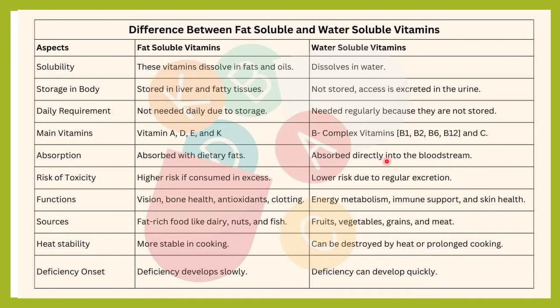They help in our RBC health and also our energy metabolism, immune support, skin health, etc. These water soluble vitamins are not that stable, so they can be destroyed when we heat them, or prolonged cooking can destroy them. And because excess is not stored in the body, the deficiency of these water soluble vitamins can develop very quickly.